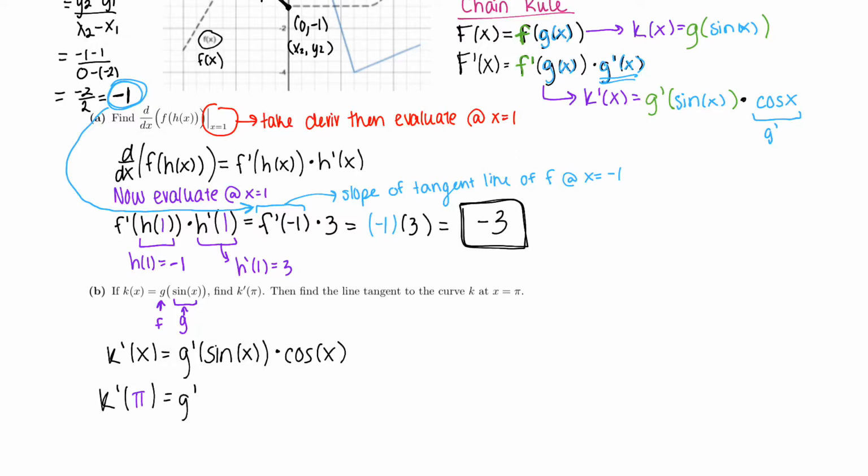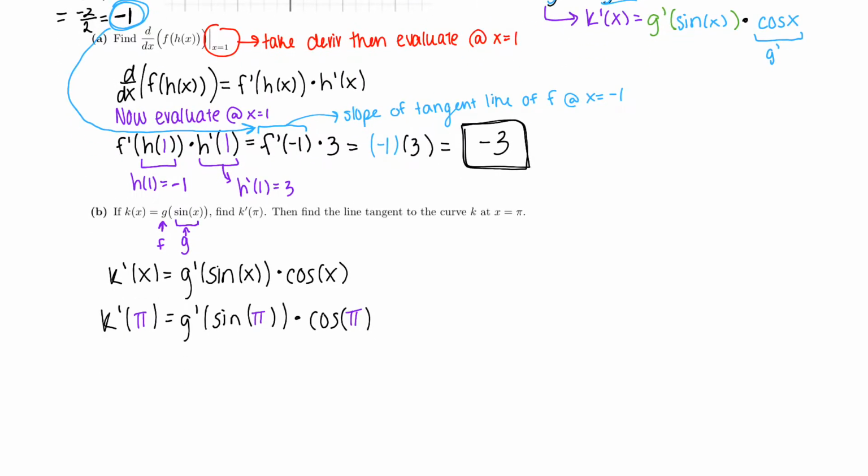So we have g prime of sine of pi times cosine of pi. Sine of pi is going to be 0.